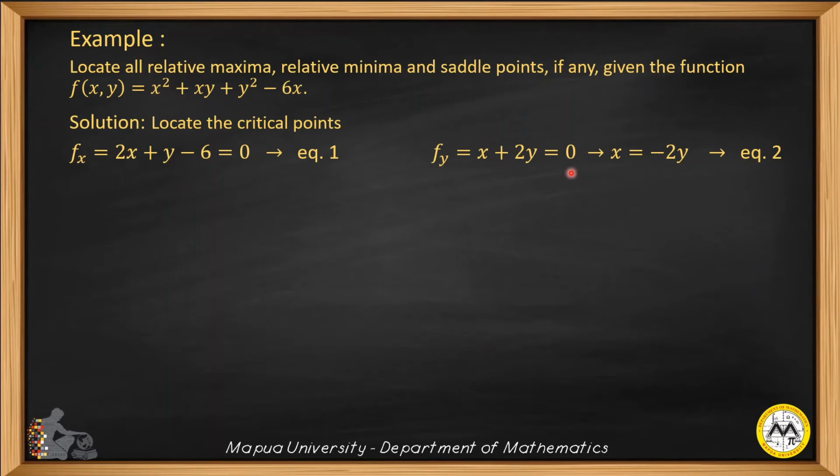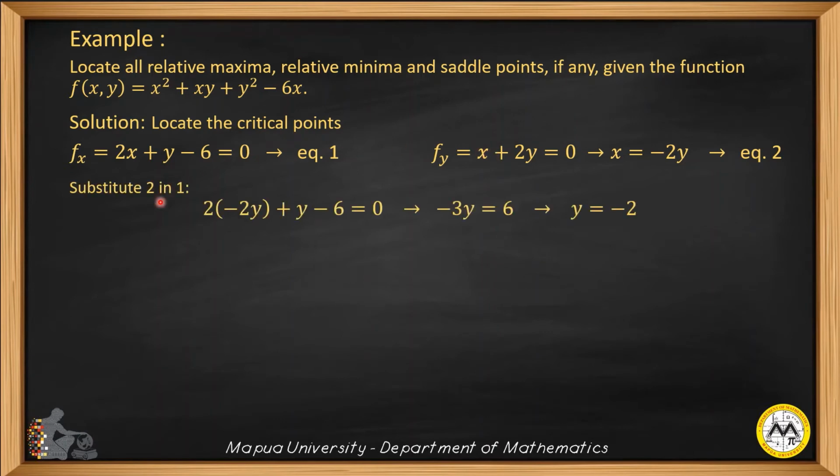If we do it this way, we come up with two equations in x and y. What we need to do is determine the values of x and y for which both partial derivatives are equal to 0. So, working as a system of equations, we now solve for x and y.